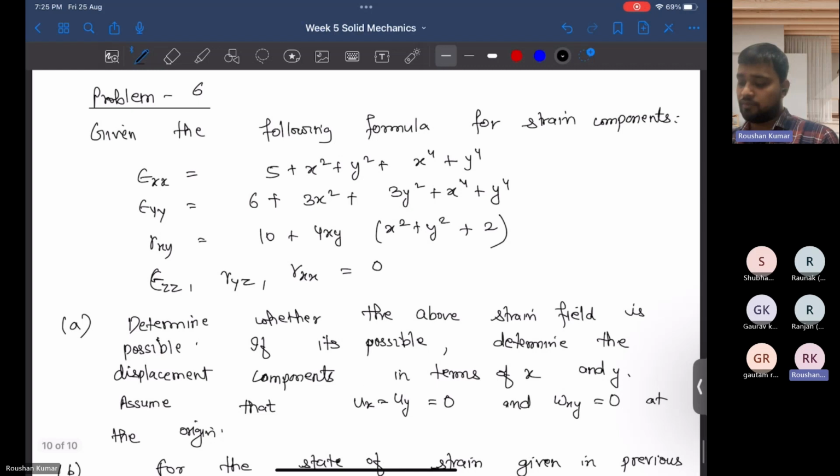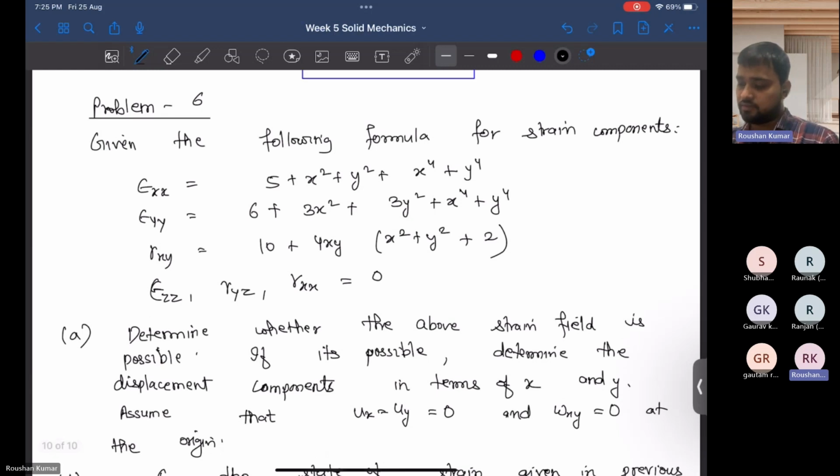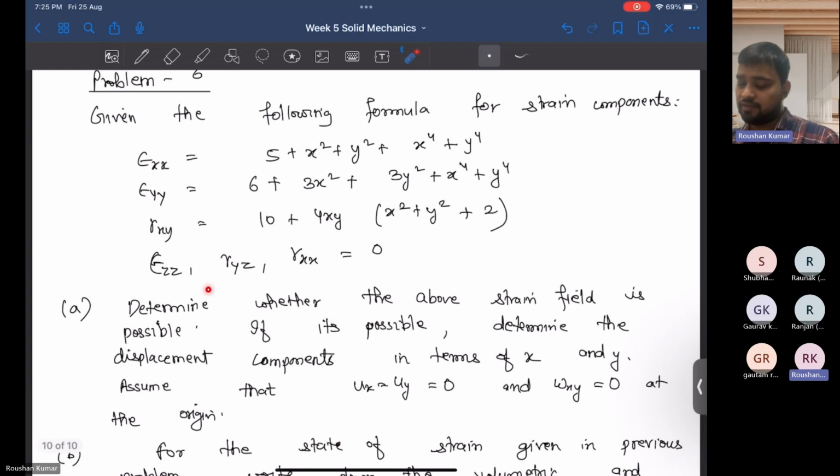So I am repeating from the above, that is problem number 6. Given the following formula for the strain components: epsilon xx, epsilon yy, gamma xy are given in terms of x, y, and epsilon zz, gamma yz, gamma zx are 0.